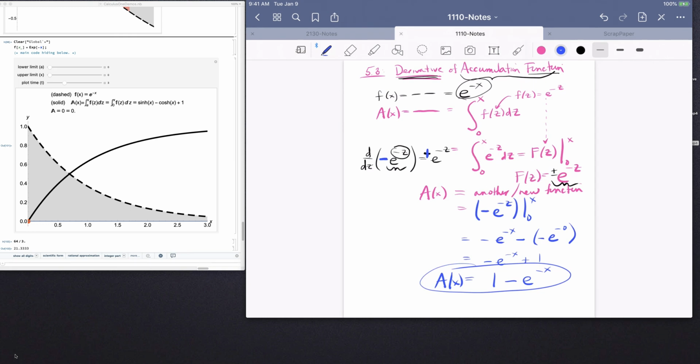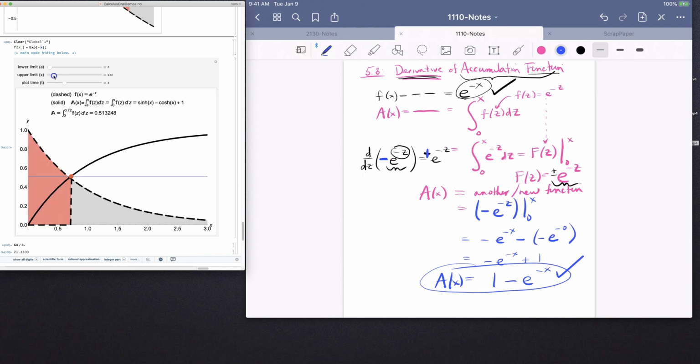We had the function dotted line given, and we now have a solid line function given as the area function as the solid line. So let's look and see what happens as x gets bigger and bigger. We're seeing that the dotted line is e to the negative x.